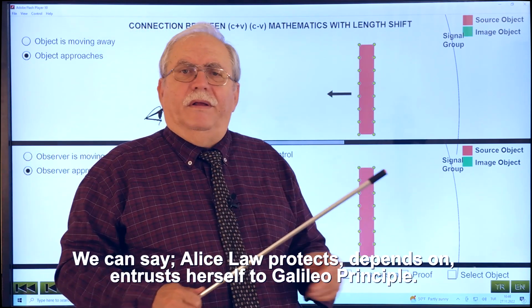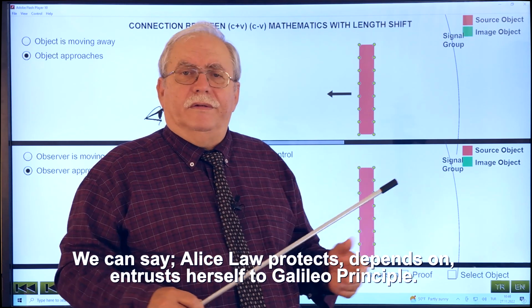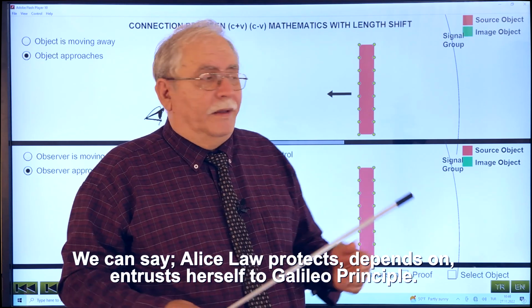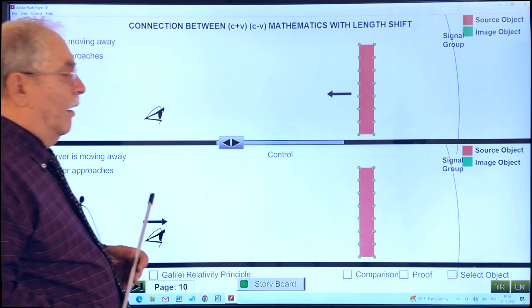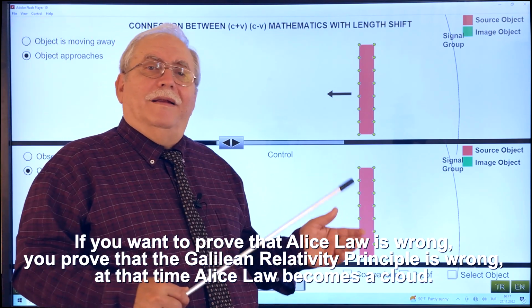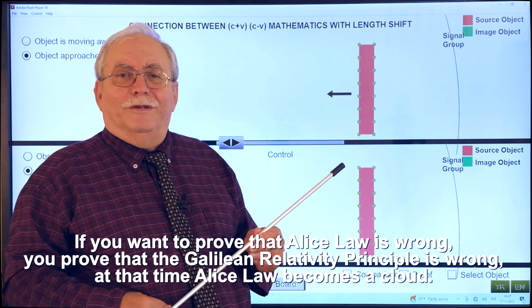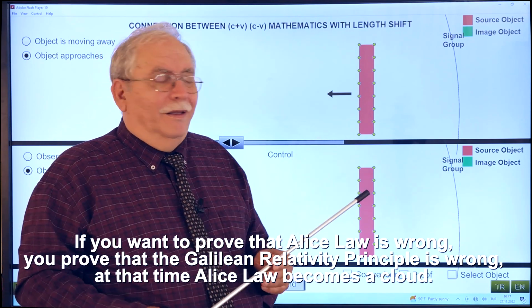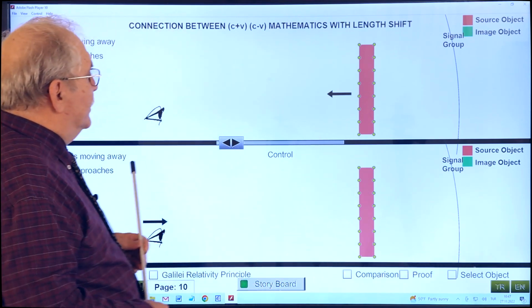We can say Alice's law depends on, entrusts herself to the Galileo principle. If you want to prove that Alice's law is wrong, you prove that the Galilean relativity principle is wrong. At that time Alice's law becomes a cloud.